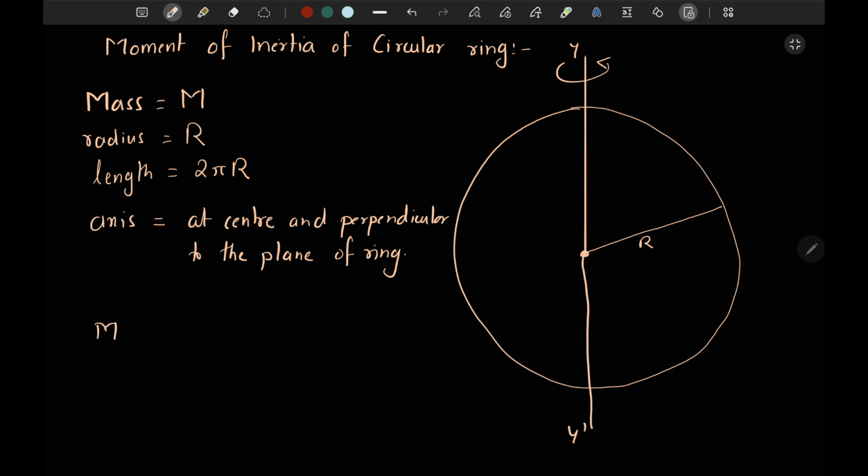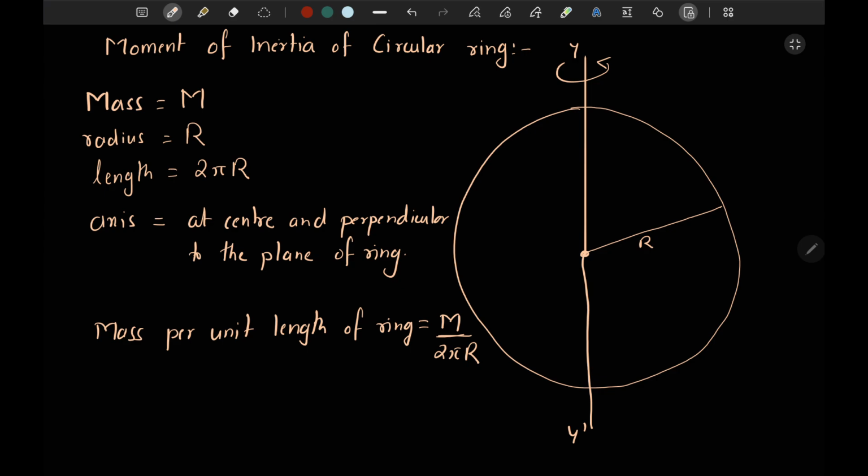So the mass per unit length of the ring will be equal to m by 2 pi r. First step.